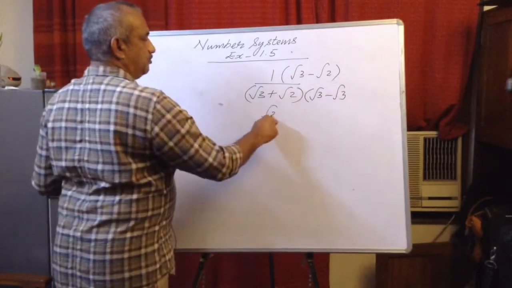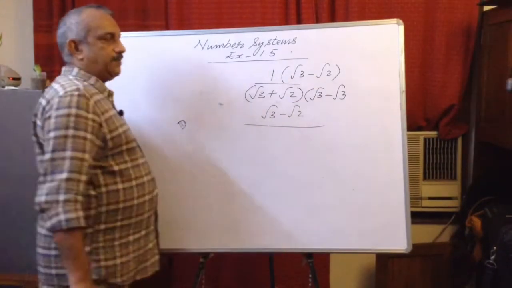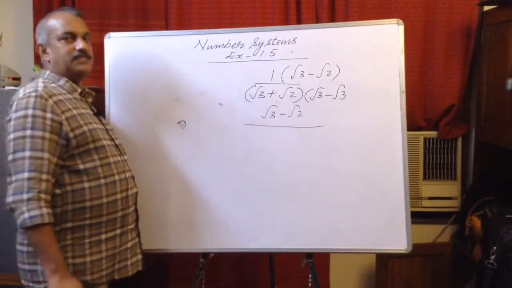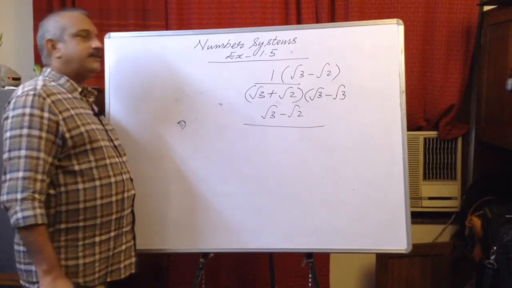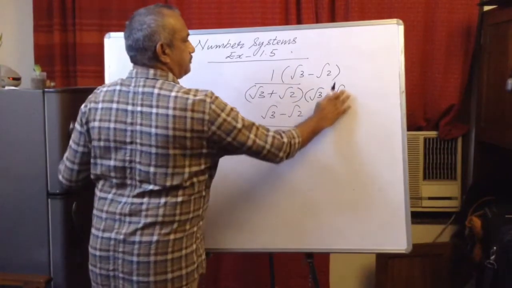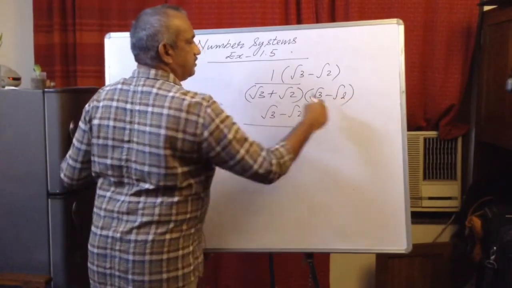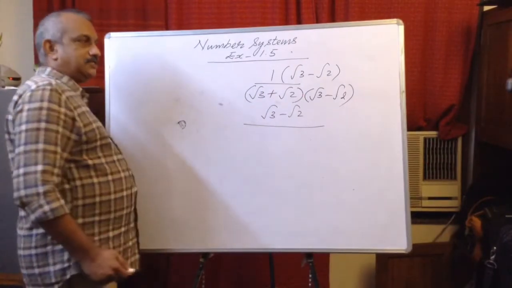Numerator will be root 3 minus root 2 upon, it is in the form a plus b into a minus b. In the second chapter we have learned identities, and this one is the third identity: a plus b into a minus b is equal to a square minus b square.